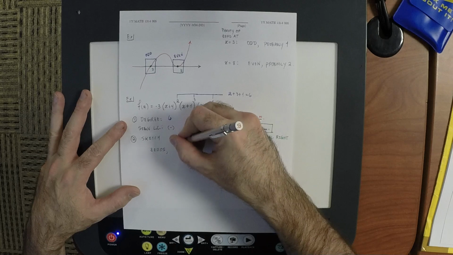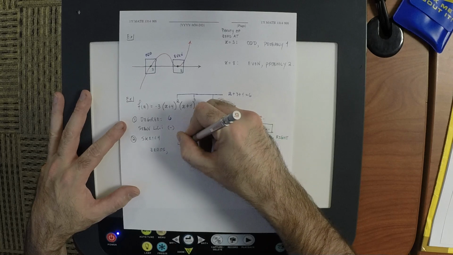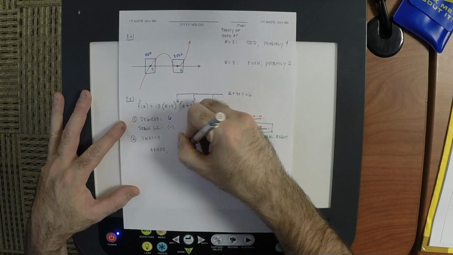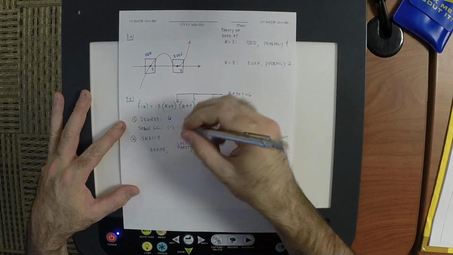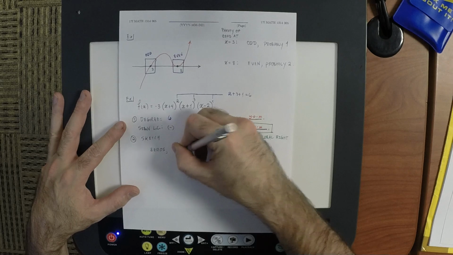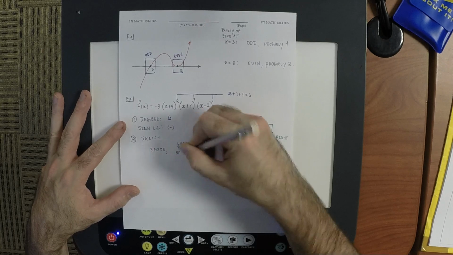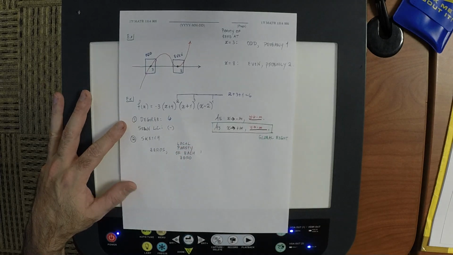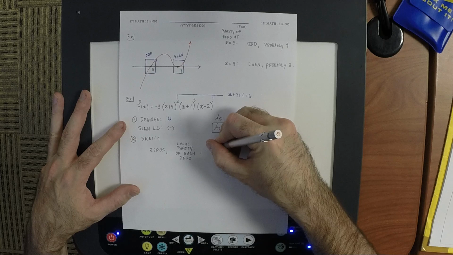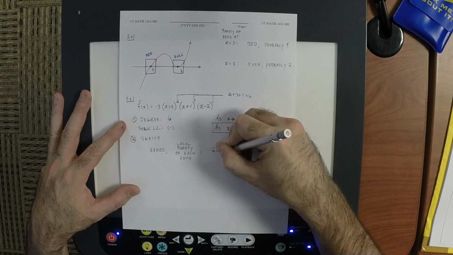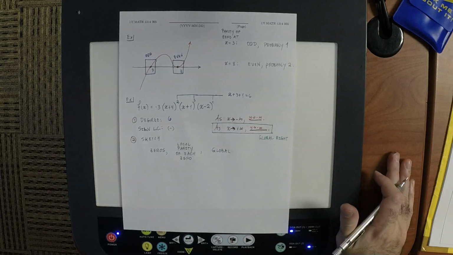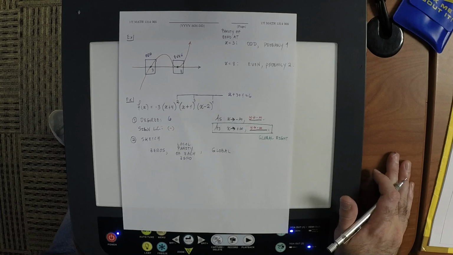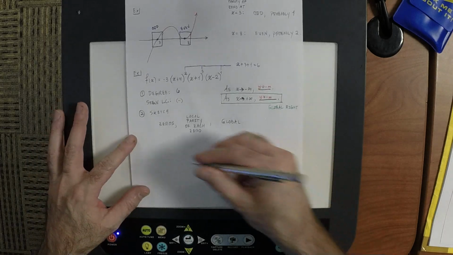You have to have the local parity of each zero correct. And you also have to have the global features correct. Okay. So I'll give you a moment to do that.